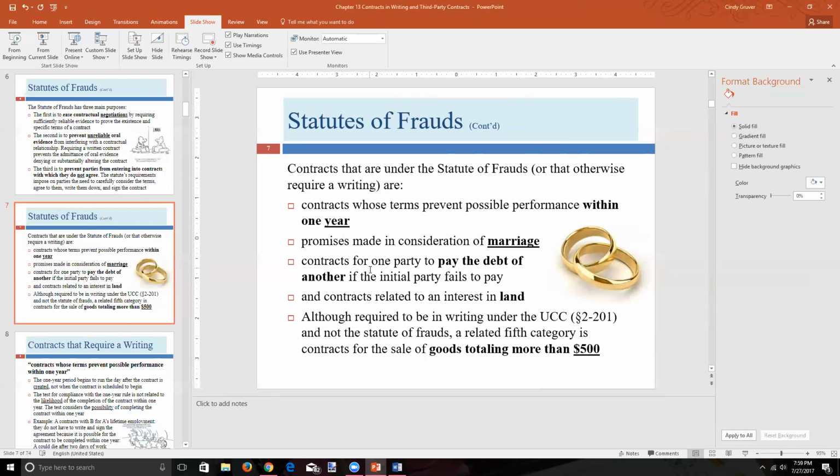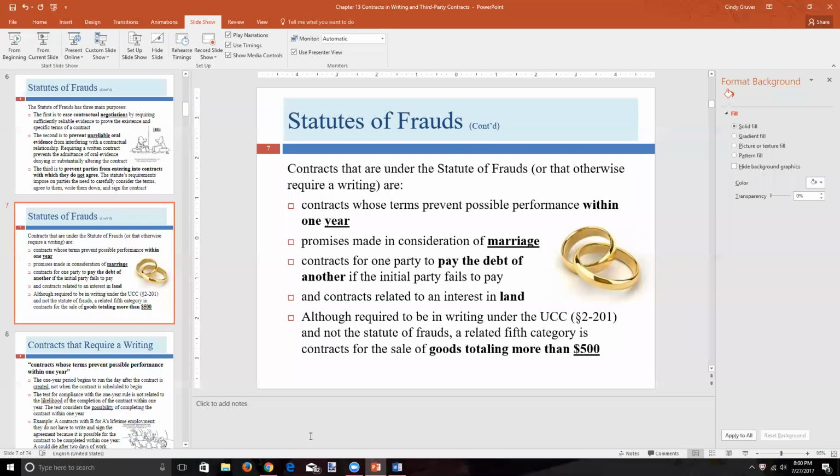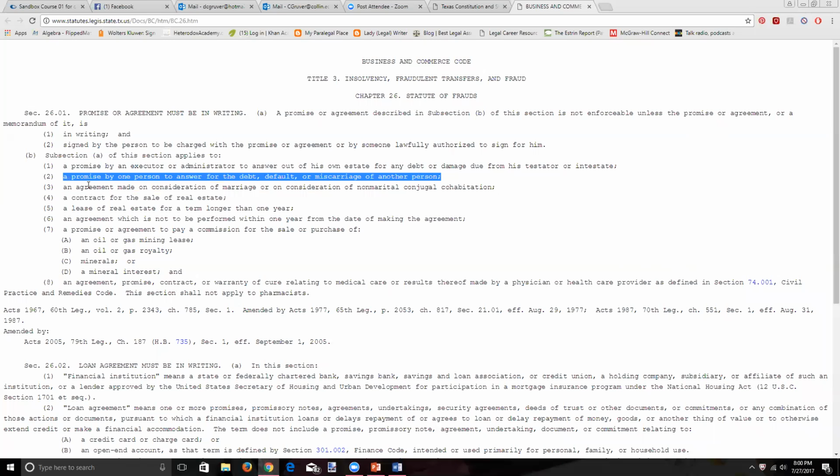So that's what paying for the debt of another entails. And let's look at the condition over here. Here we go, number 2: a promise by one person to answer for the debt, default, or miscarriage of another person. And then we have contracts related to an interest in land. And this is actually several.